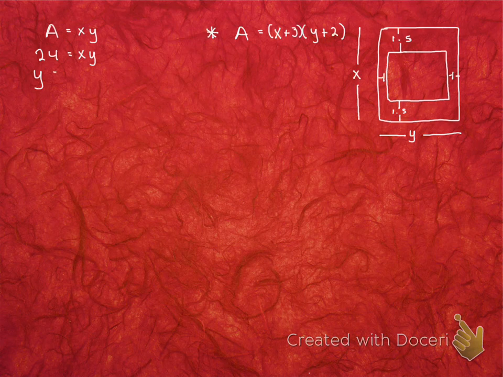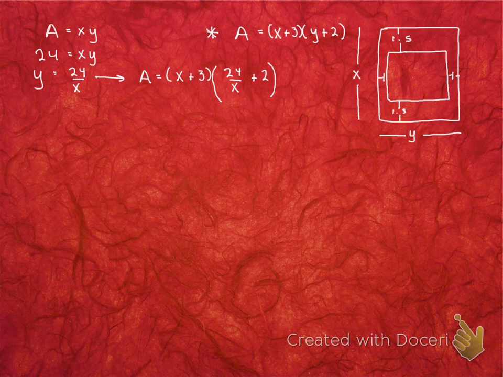It's more common just to solve for x. So we have y equals 24 over x, which means that over here, our area formula is going to be x plus 3 times 24 over x plus 2.